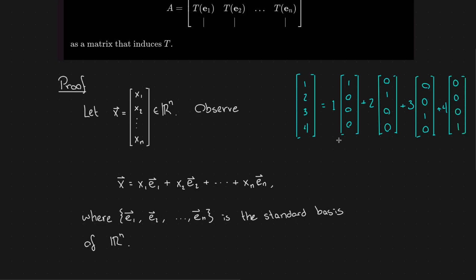And these vectors are the standard basis of, in this case, R4. So it'd be e1, e2, e3, e4.